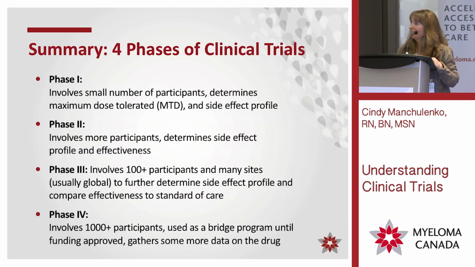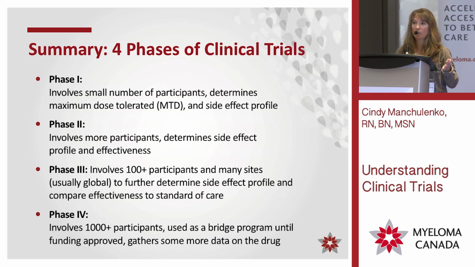So, just to summarize, there are 4 phases of clinical trials. Phase 1 involves a small number of patients, and this is where we're trying to determine the maximum tolerated dose. Phase 2 involves more patients, and here we're trying to determine the side effect profile and the efficacy, and whether to proceed to phase 3. Phase 3 involves more than 100 patients.